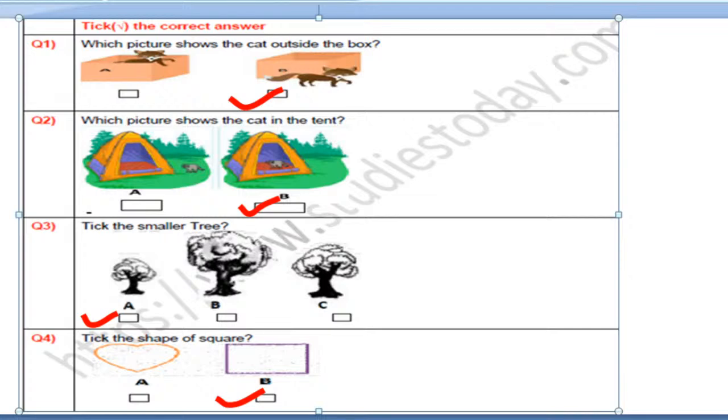The A option, the tree at A option, is correct. The first one is the smallest tree. Among all three, the first tree is the smallest. So you are going to mark a tick.